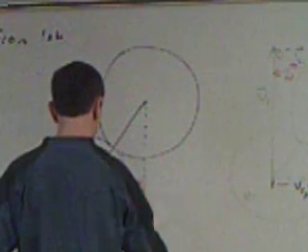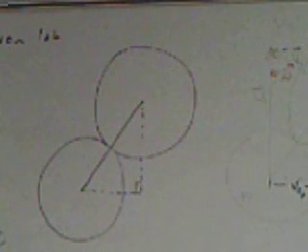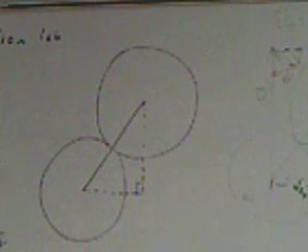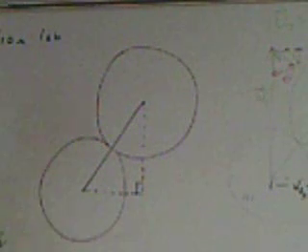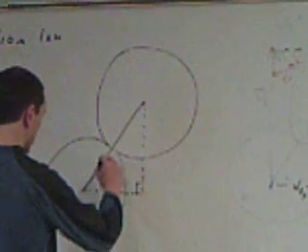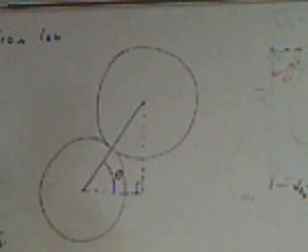This is 90 degrees. I'm drawing those vertical and horizontal lines at 90 degrees. So what do we know about this triangle that would help us find theta, which is going to be right here? That's the goal of the exercise right now, to find theta.